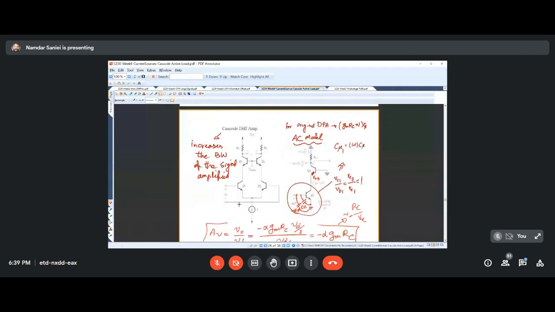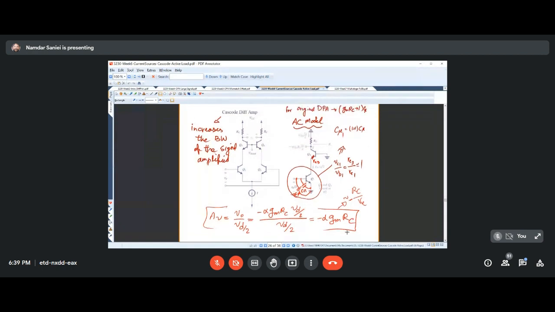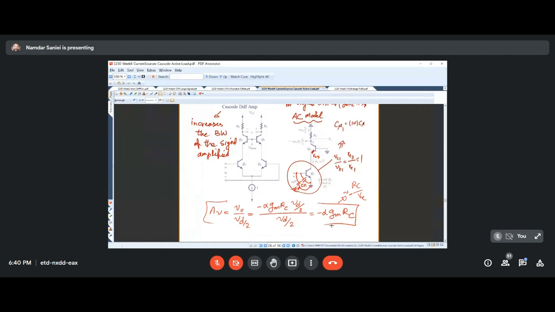In order to avoid that, we came to cascode differential amplifier, where the gain of the input transistor was 1. So that magnification of that capacitance was the minimal in this situation. And still we could get the same gain of gmRC, or RC over RE, from that. So this way, it was giving us an increase in the bandwidth, but at the same time we could have the gain that we used to have.